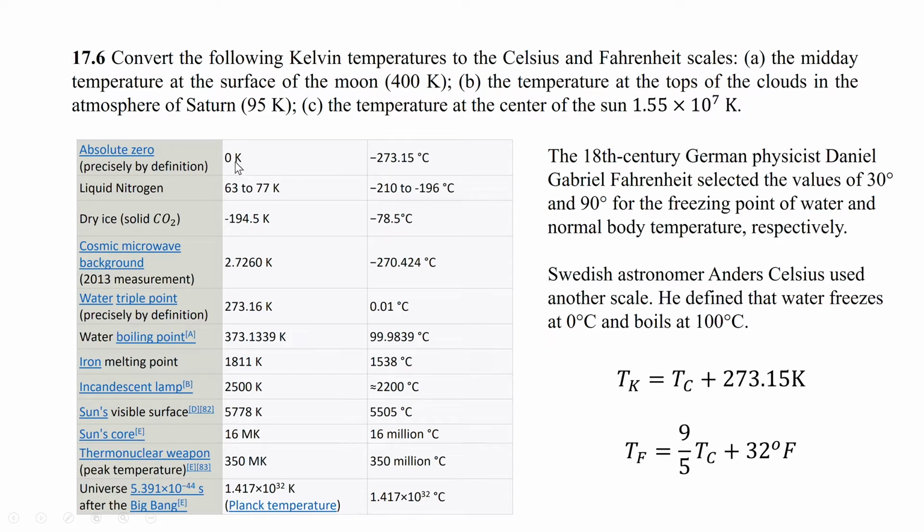So the Kelvin and the Celsius have a very linear translation. If you know the degree in Celsius, then you just add 273, and you get the degree in Kelvin. The unit of the temperature is Kelvin.